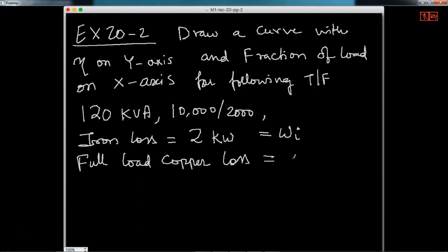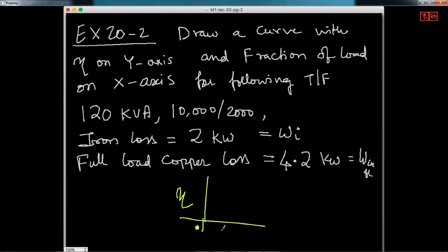Full load copper loss is, let's say, 4.2 kilowatts. So that is the copper loss at full load. So what I want is, I want to plot like this, where on y-axis I have the efficiency and on the x-axis I have the load. So this is the fraction of load. So 1 represents the full load.